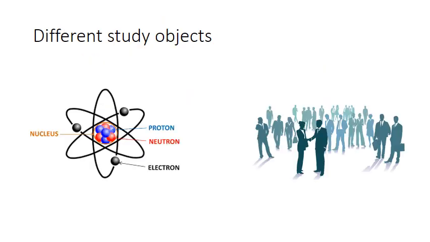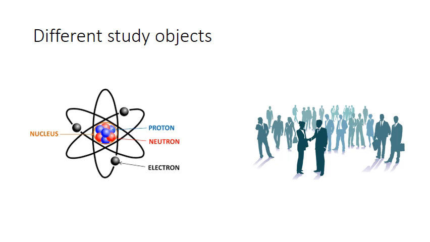Now, these two families of sciences have very different study objects. In the natural sciences, we're studying atoms, molecules, quarks, electrons, protons, neutrinos, but also in biology, genes, or on a much bigger scale, tectonic plates when it comes to geology, and a number more of these study objects along the same lines.